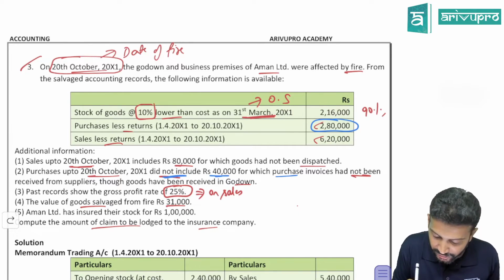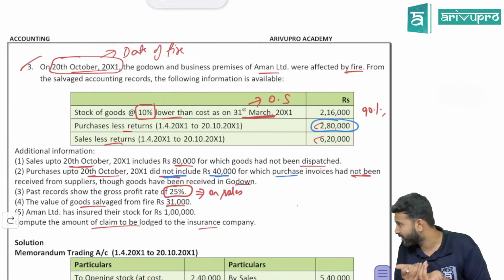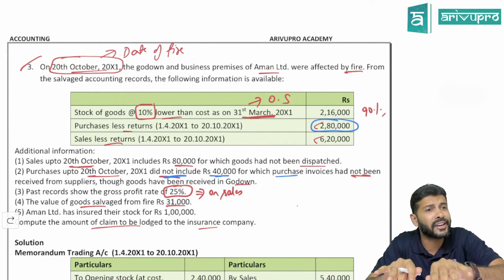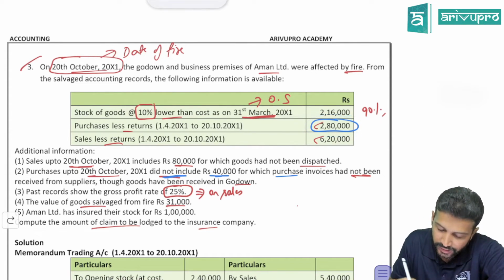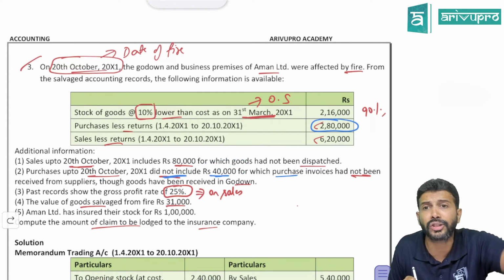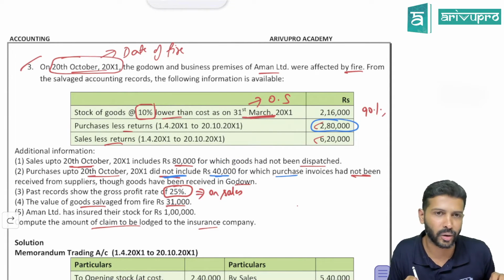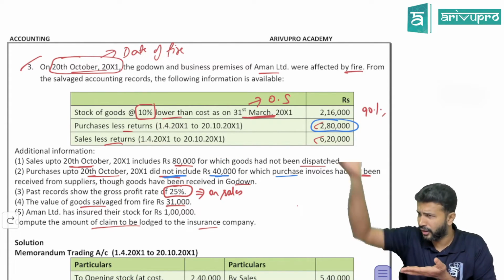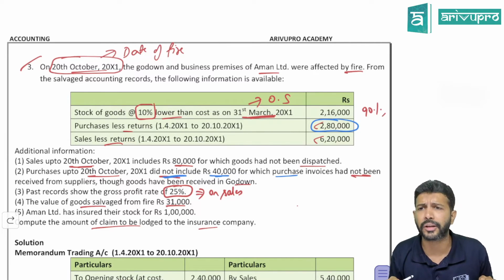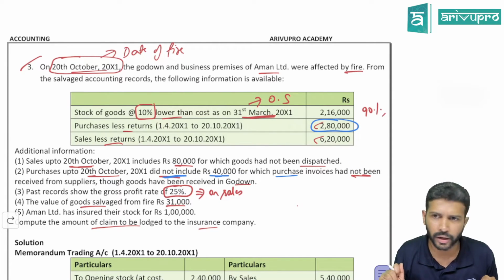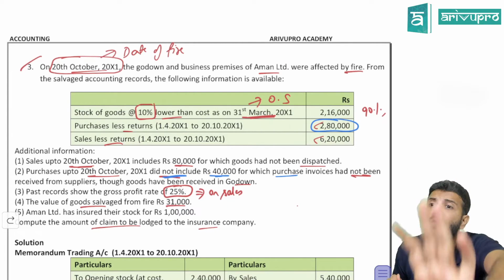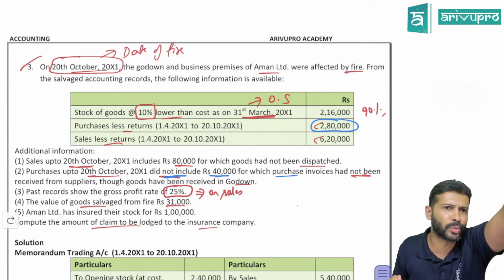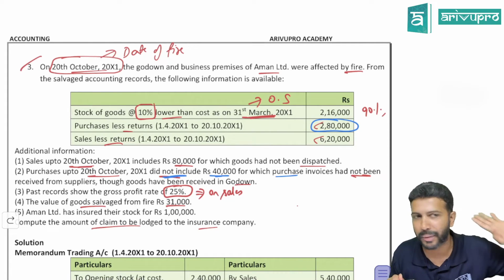Purchase did not include it. Since we did not receive the invoice, did we pass a journal entry for it? No. So hence, purchase is not including it. This 2,80,000, does it include 40,000 or does it not include? Not include. But that means now will the creditor accept it, or what will he say? That is your headache. Correct? No, now I want my money. That means as far as he is concerned, it is a purchase. He will say goods once sold cannot be taken back. Yes or no?